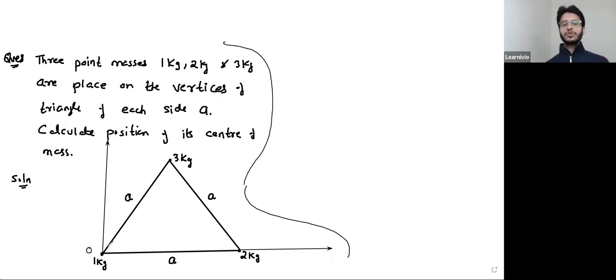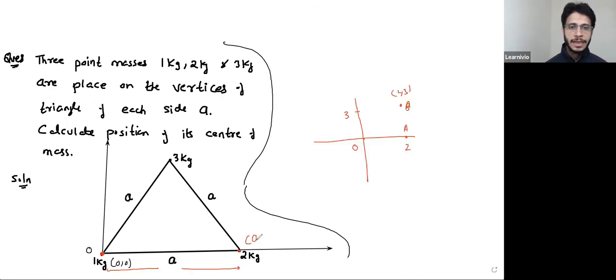So if 1 kg is the origin, the coordinates of 1 kg are 0, 0, and of 2 kg are a, 0. Zania, what is the x coordinate of 3 kg? If I drop a perpendicular from 3 kg, this is the x coordinate.